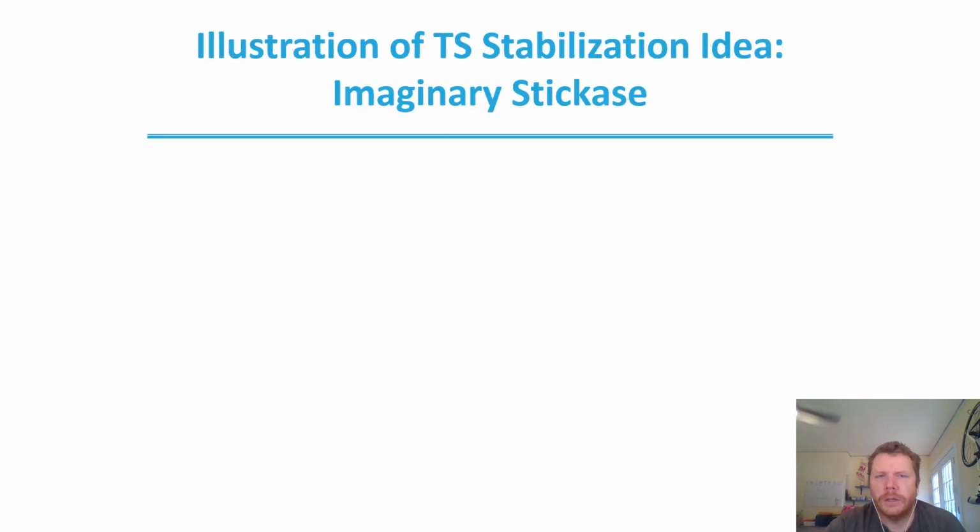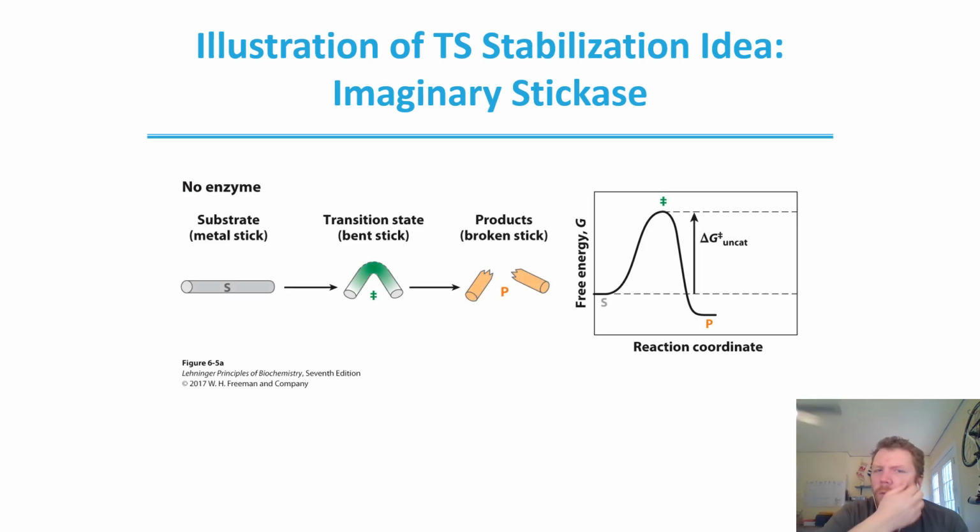Now, how to illustrate this: we have this stick right here, and what we need to do is break that stick in two. That stick, without the presence of an enzyme, is going to have to go to this transition state and then finally break apart. Well, if you imagine that you have that stick, hold it like this, and you bend it, and it snaps. So you're effectively the enzyme there.